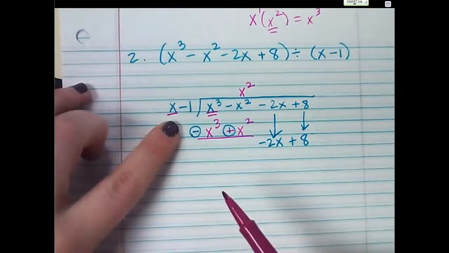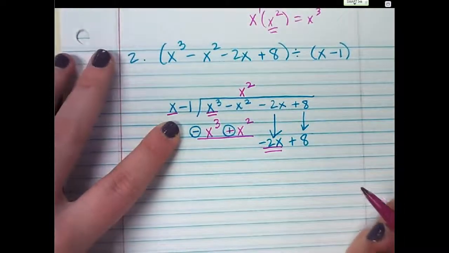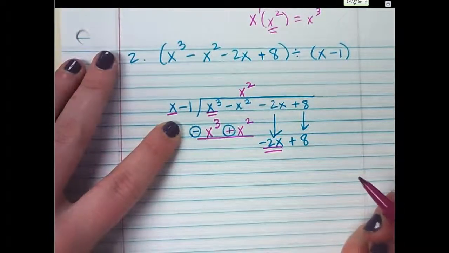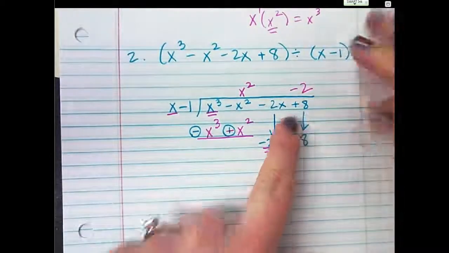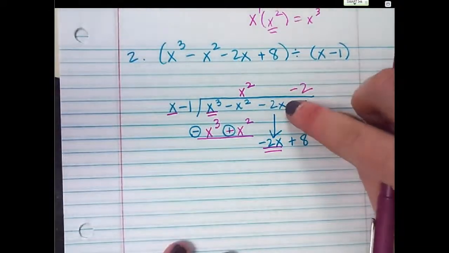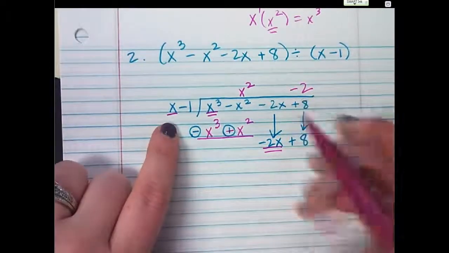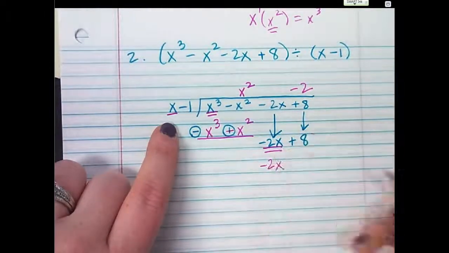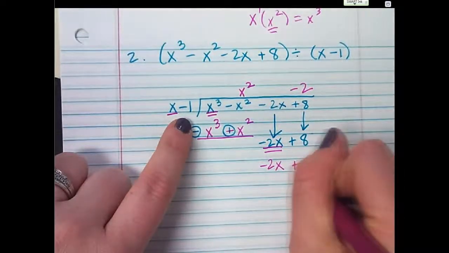So now I do it again. What times x gives me negative 2x? Negative 2. Now, since it's negative 2, it doesn't have an x in it, I'm going to line it up over here. That way I know that I'm almost to the end here. I don't put it above the x. So multiply again. Negative 2 times x, negative 2x. And negative 2 times negative 1 is positive 2.